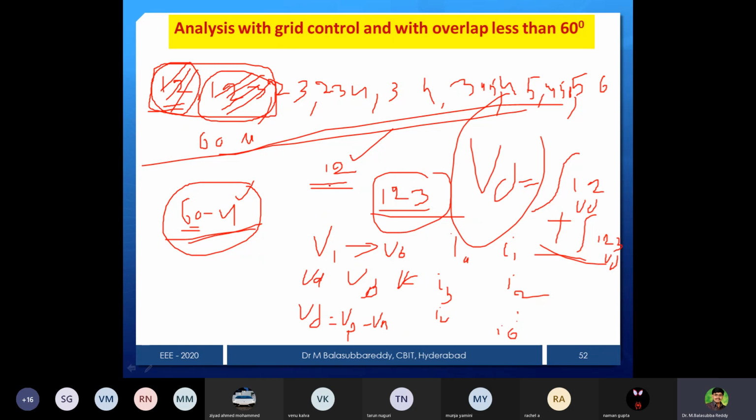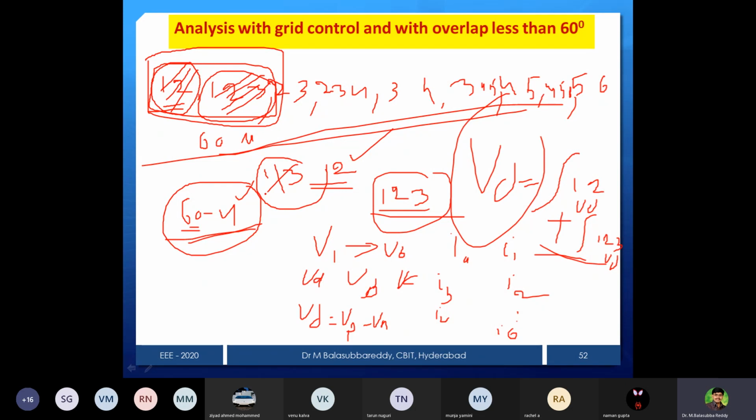At any particular instant, two intervals take place: 1 2 is conducting plus 1 2 3 is conducting. When 1 2 3 is conducting, the output voltage is reduced compared to when 1 2 is conducting. When 1 2 is conducting, it is directly the line to line voltage, and when 1 2 3 is conducting, let 1 and 3 be in the same positive group, so it takes the average of these because those phases are short circuited.